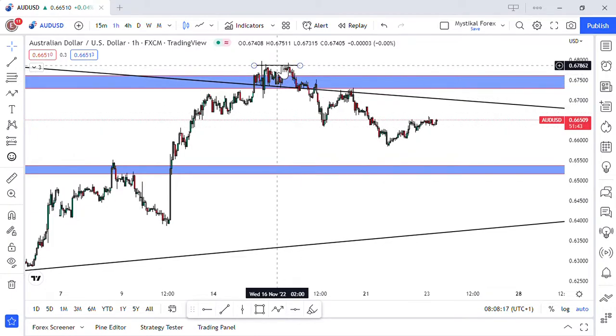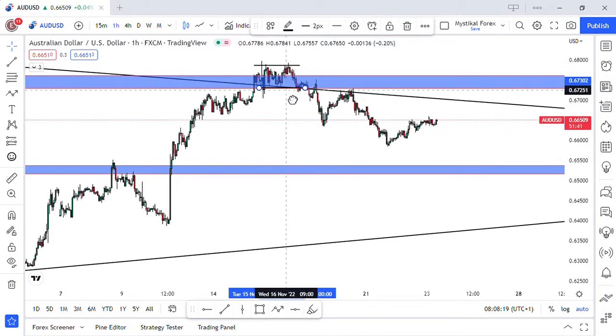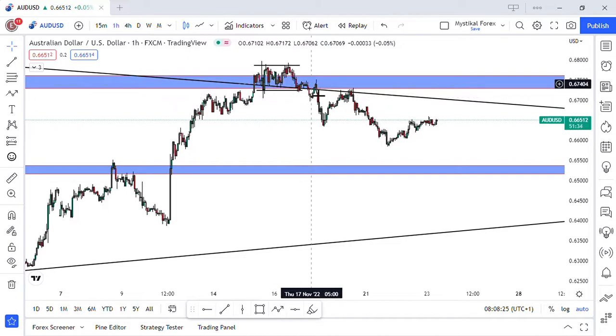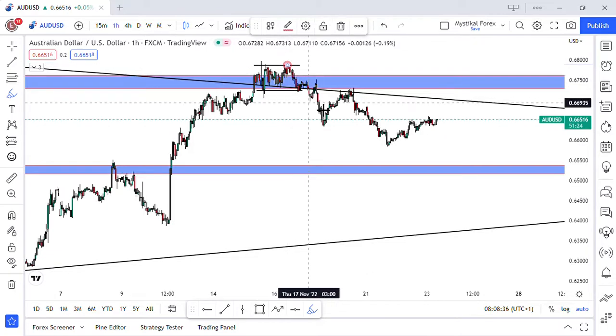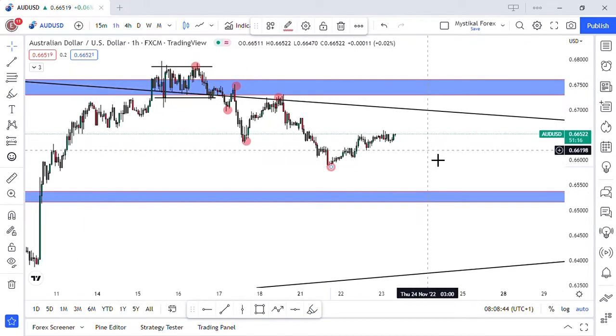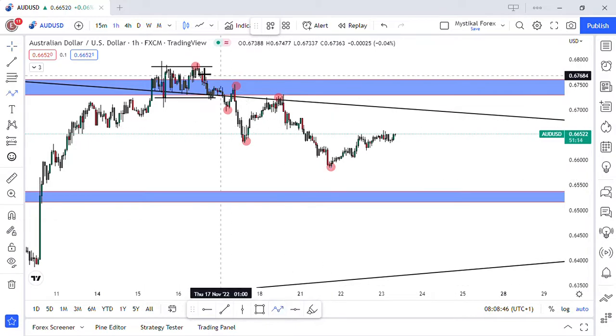This was more of a double top into a consolidation type of setup, and the market broke out here, retested, and we have been in a wonderful level of lower lows and lower highs, and we haven't been missing any trades so far.